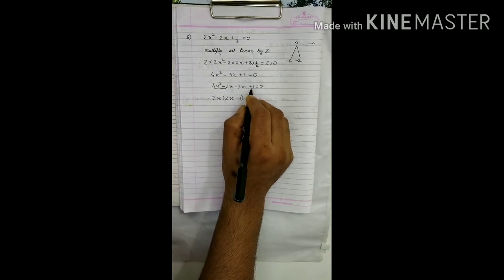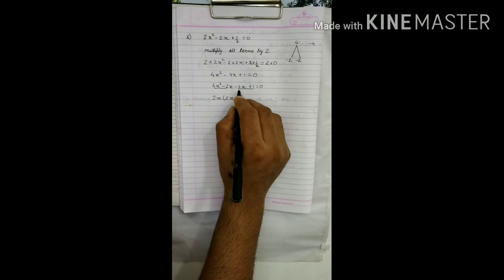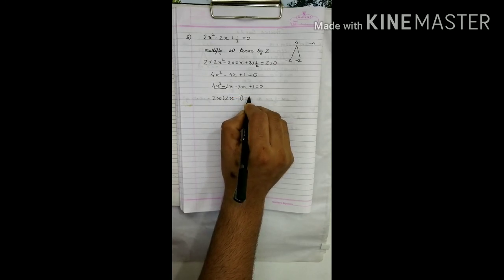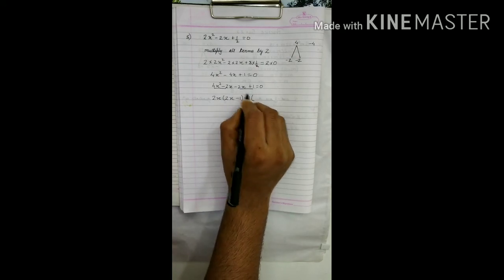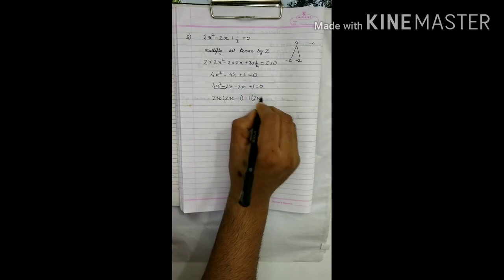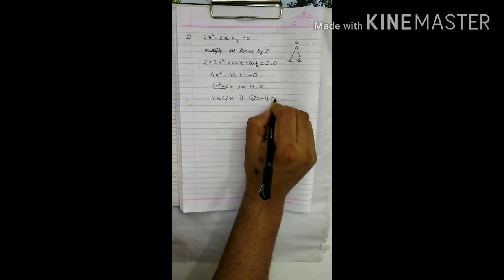If nothing can be taken out common, 1 is definitely there to be taken out common. Minus sign is here. When minus sign is there, you have to take out minus sign common. So whenever minus sign is taken out common, it changes all the signs in the bracket. So 2x plus sign was there, it will become minus, and 1. I have taken only 1 common, so it doesn't change anything. So it is equal to 0.